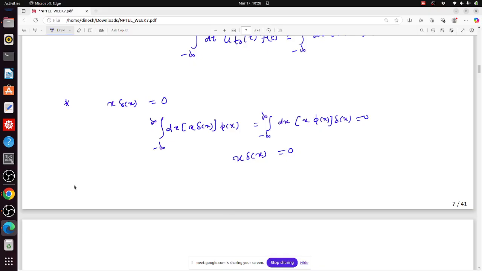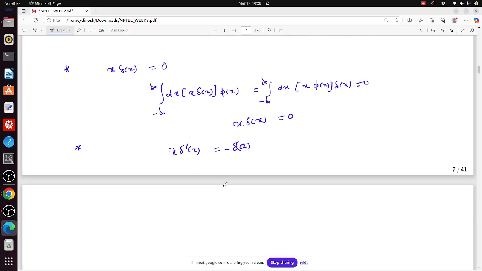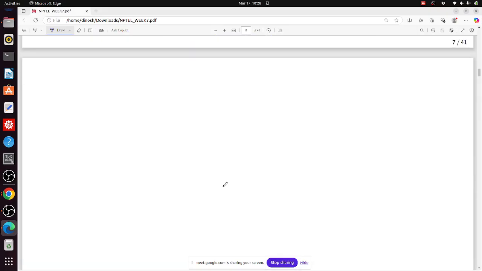So next is x delta prime(x) is equal to minus delta(x). This is also a property. So let's consider the integration from minus infinity to infinity of x delta prime(x) phi(x).